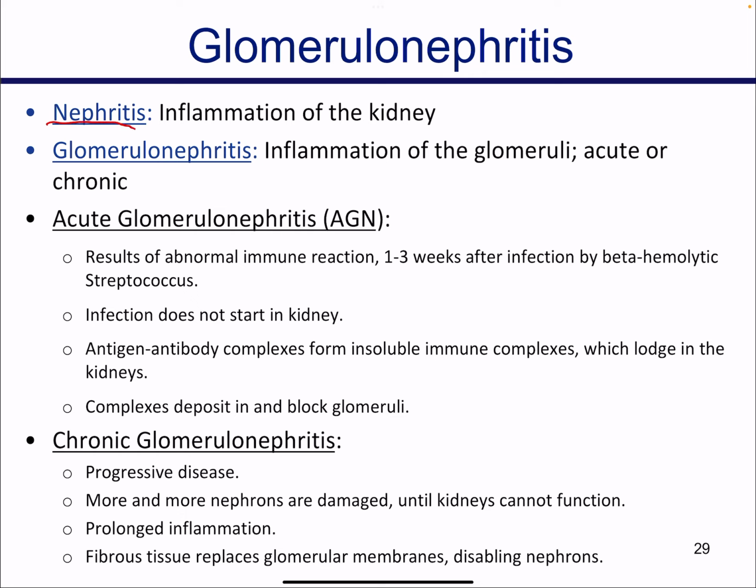Nephritis is an inflammation of the nephrons, which are the filtration units in the kidney, right? Glomerulonephritis is when the glomerular segment of the nephron is inflamed, right? That glomerulonephritis can be acute or it can be chronic, right?